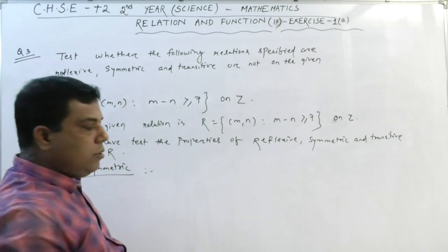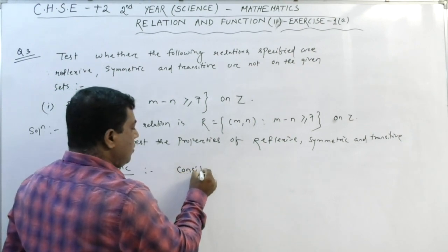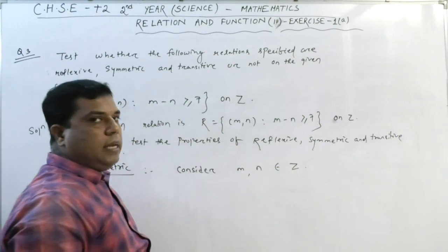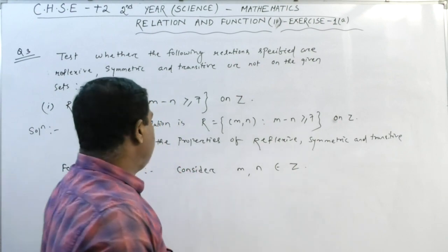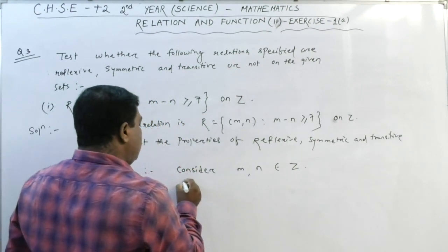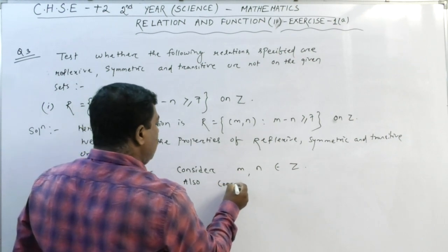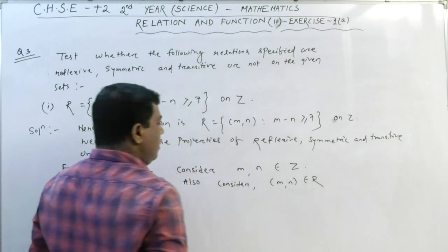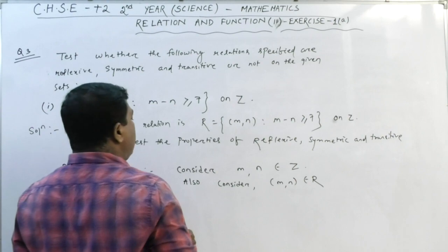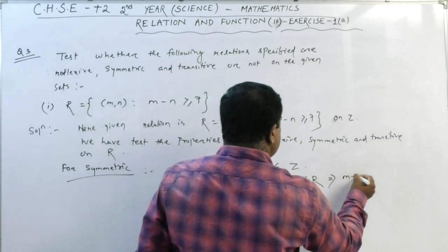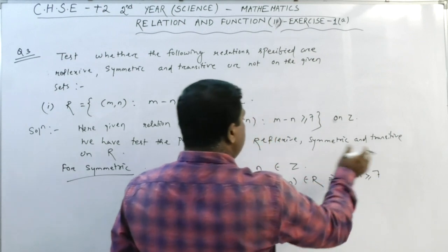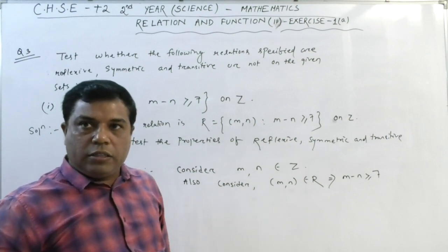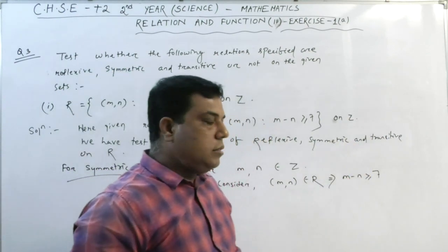Take any two elements, consider m and n belonging to Z, any two integers, and also consider the ordered pair (m, n) belonging to R. As (m, n) belongs to R, it means the difference m minus n is greater than or equal to 7. If the pair is present, it is satisfying the relation.